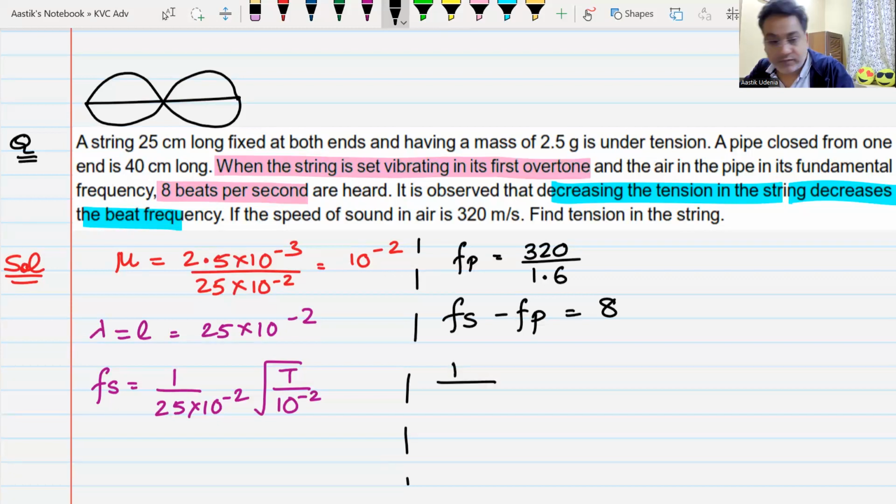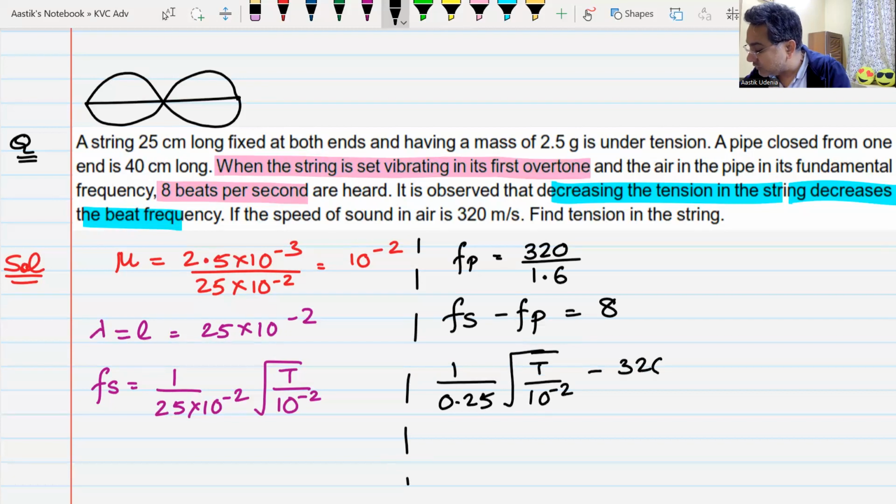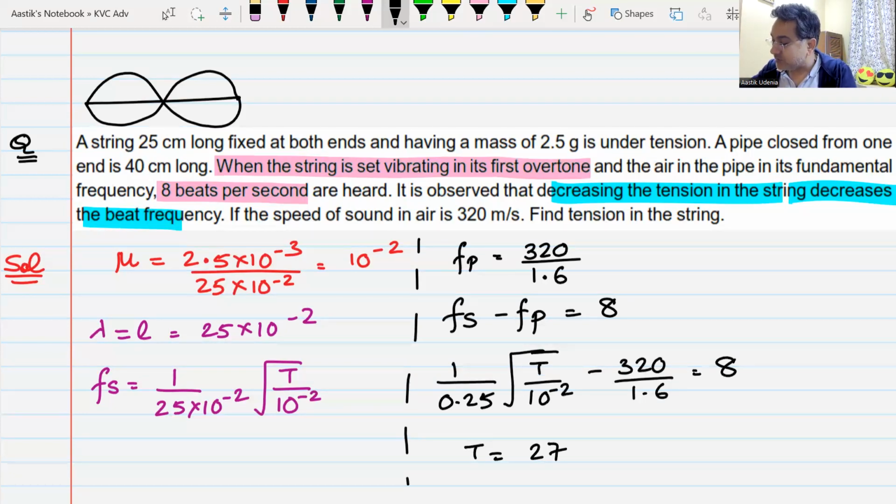So 1 by 0.25 root over T by 10 raised to the power minus 2, minus 320 by 1.6, is equal to 8. This is a very simple equation, and the value of T that I get is approximately 27 Newton. That is the answer that we are looking at.